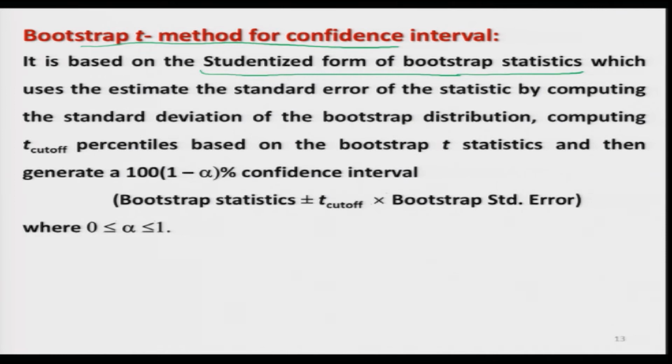Based on that we have two different methodologies, but in this case we simply use the t statistic constructed on the basis of the bootstrap distribution and compute the cutoff values, denoted in general as t cutoff. Then we use the general structure of the confidence interval: the bootstrap statistic plus or minus the critical value t cutoff times the bootstrap standard error, where alpha is between 0 and 1. This will give you another type of bootstrap confidence interval. In this slide I have given you the basic idea.